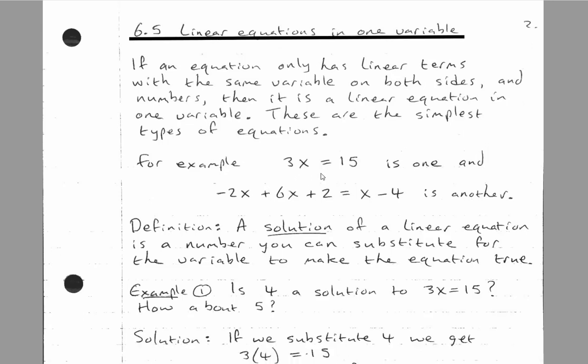And for example, 3x equals 15. So that's a linear equation. Here's a more complicated one. Negative 2x plus 6x plus 2 is equal to x minus 4. Alright, so just linear terms in the same variable x, and also numbers added or subtracted.